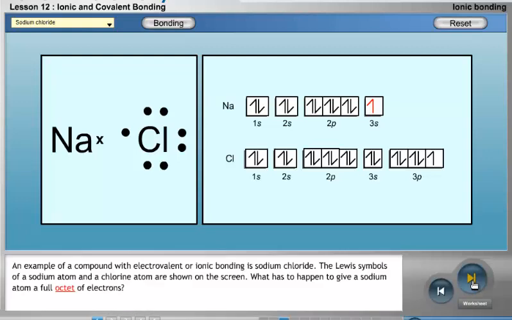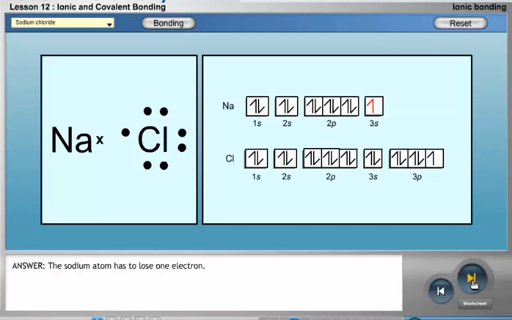An example of a compound with electrovalent or ionic bonding is sodium chloride. The Lewis symbols of a sodium atom and a chlorine atom are shown on the screen. What has to happen to give a sodium atom a full octet of electrons?